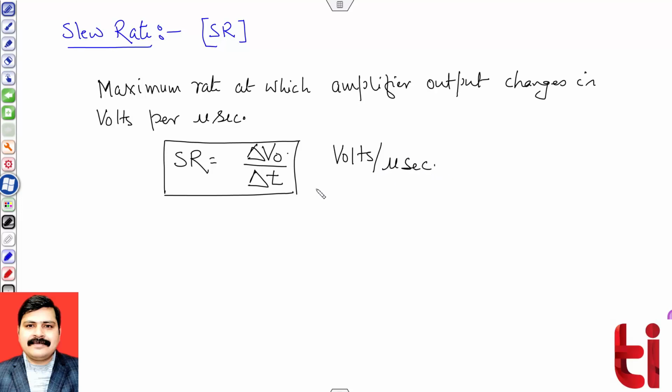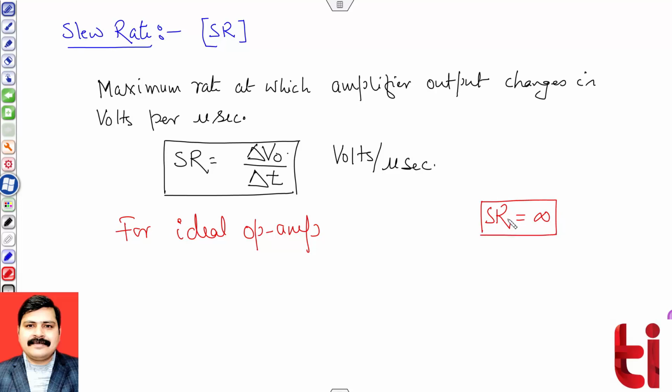Now let us check this parameter again for ideal op amp. If you can recall, we have discussed that SR will be equal to infinity for ideal op amp.